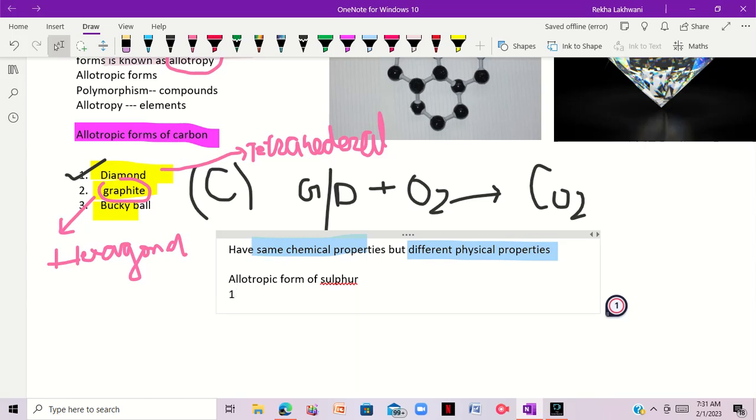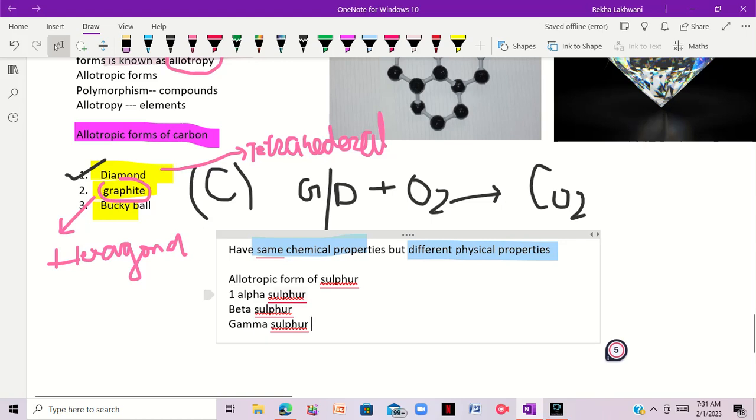So basically we have alpha sulfur, we have beta sulfur, and we have gamma sulfur too.